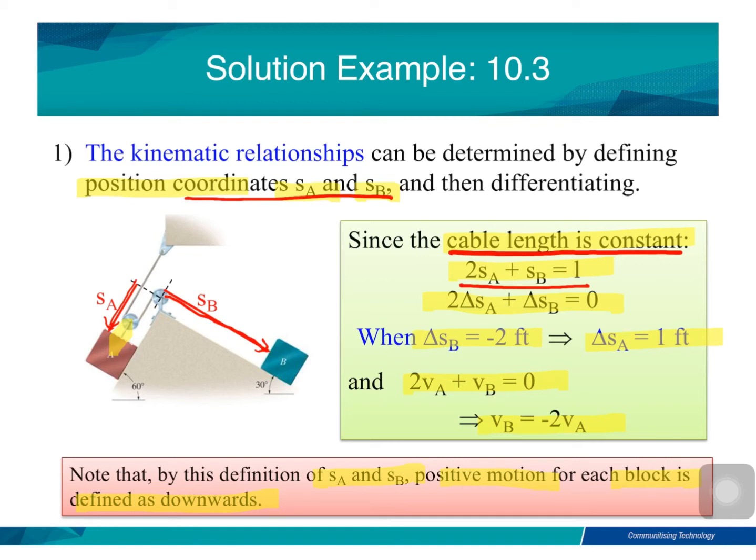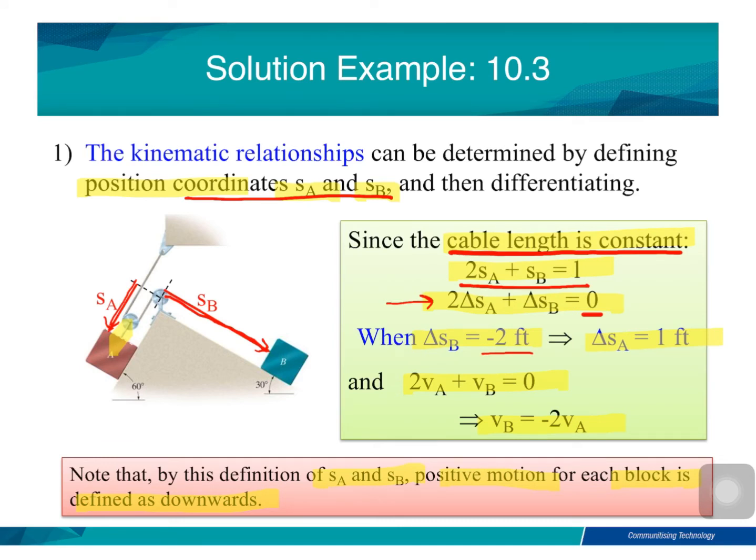So from here you can have the displacement: 2 delta SA plus delta SB is equal to 0. Here delta SB is equal to negative 2, because it's given in the question, right?